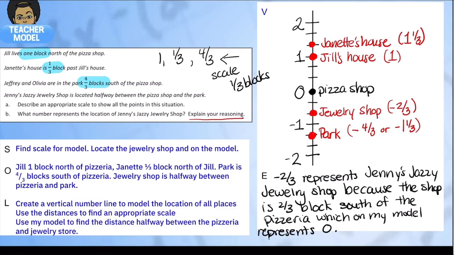So there you go. I have it listed -2/3. I'm explaining why, because it's 2/3 blocks south of the pizza shop. And I'm also naming that the pizza shop represents 0. So hit pause and jot this down into your notes.